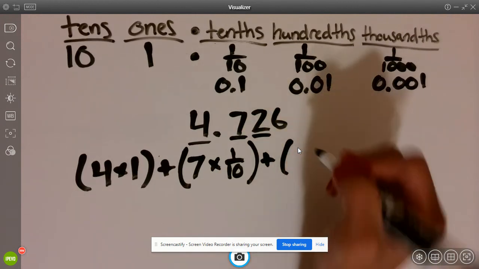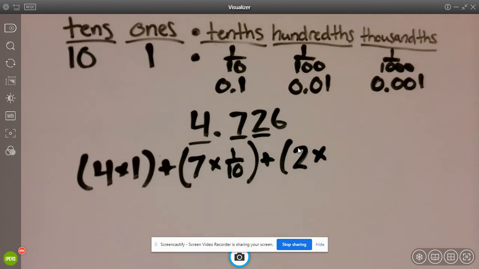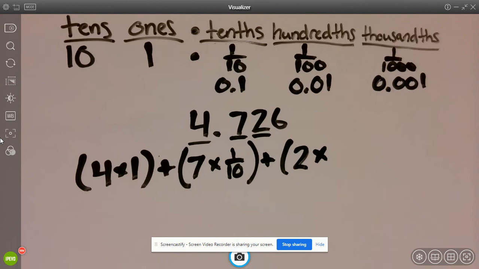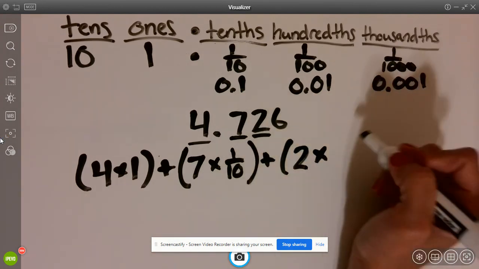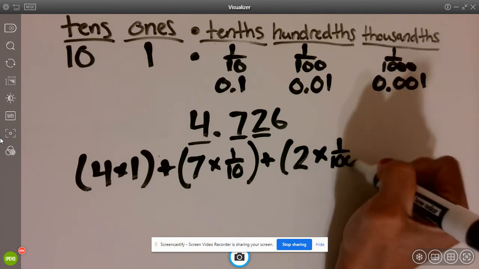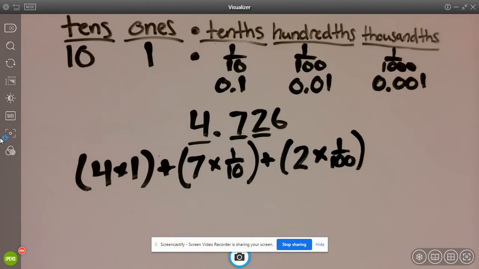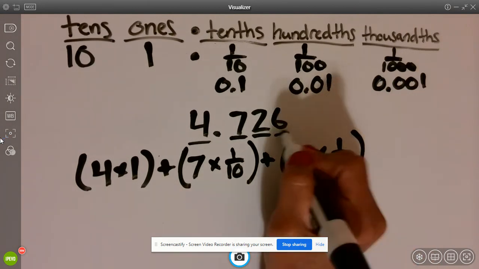So I'm going to put my 2 down times what place value is my 2 in? The hundredths place value. So I write 1/100. Close my parentheses.